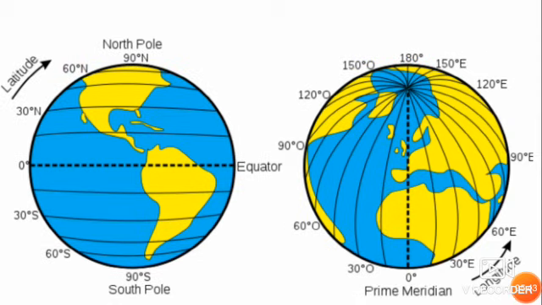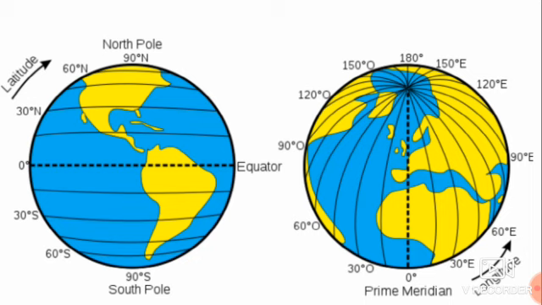Now longitudes. We see certain lines drawn perpendicular to the latitudes on the globe. These lines connect the north and the south poles. They are called longitudes. Longitudes are called meridians. The 0 degree longitude is called the prime meridian or Greenwich.